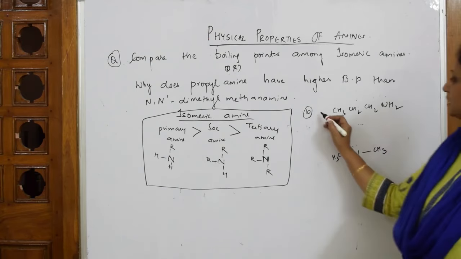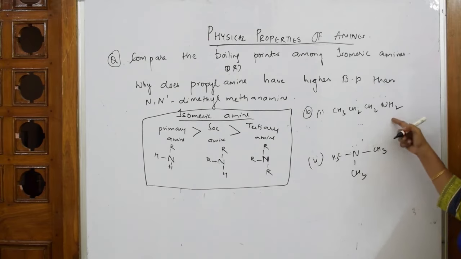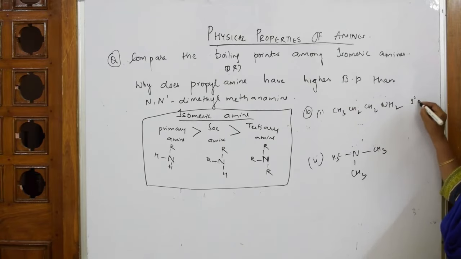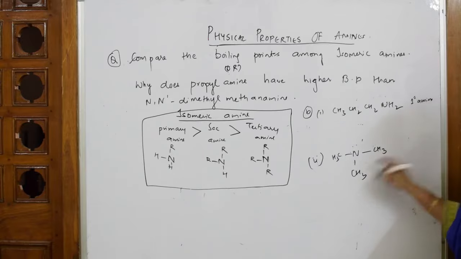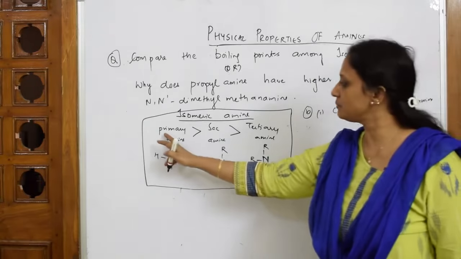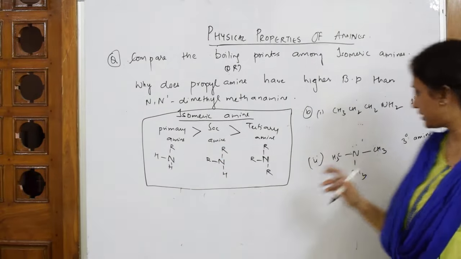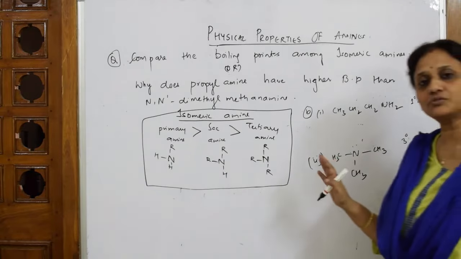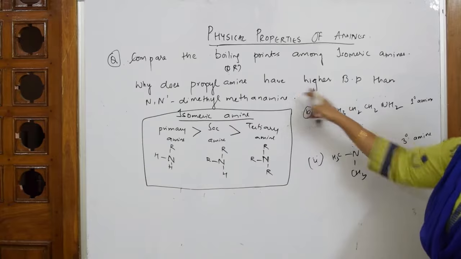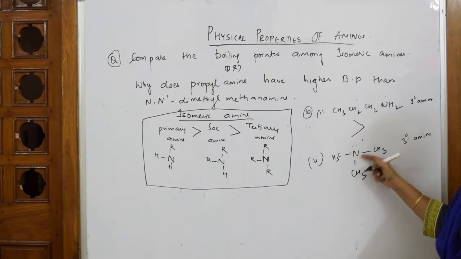Now what are you observing here? This is a primary amine, because the group has 2 hydrogens. This one is your tertiary amine. As we have said, primary, because of 2 sites of hydrogen bonding, has more boiling point. Tertiary doesn't have any hydrogen to form hydrogen bonding, so this will have more boiling point compared to this.